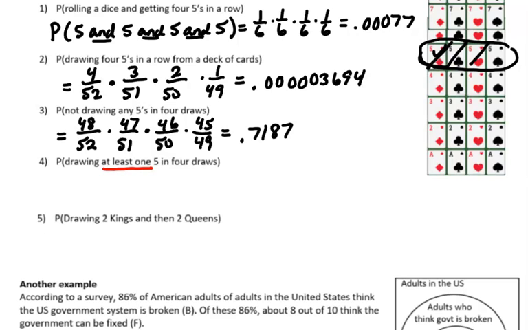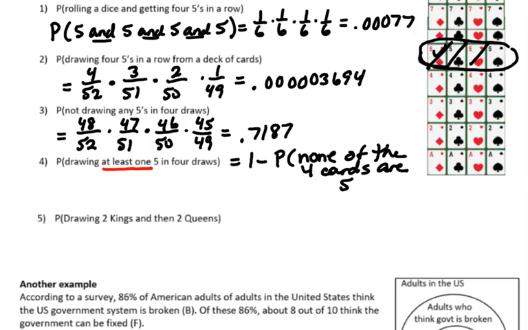What is the only thing we're not including when we say at least 1? Well, we're not including none. No 5s at all. So this is equal to 1 minus the probability of none of the 4 cards being 5s.